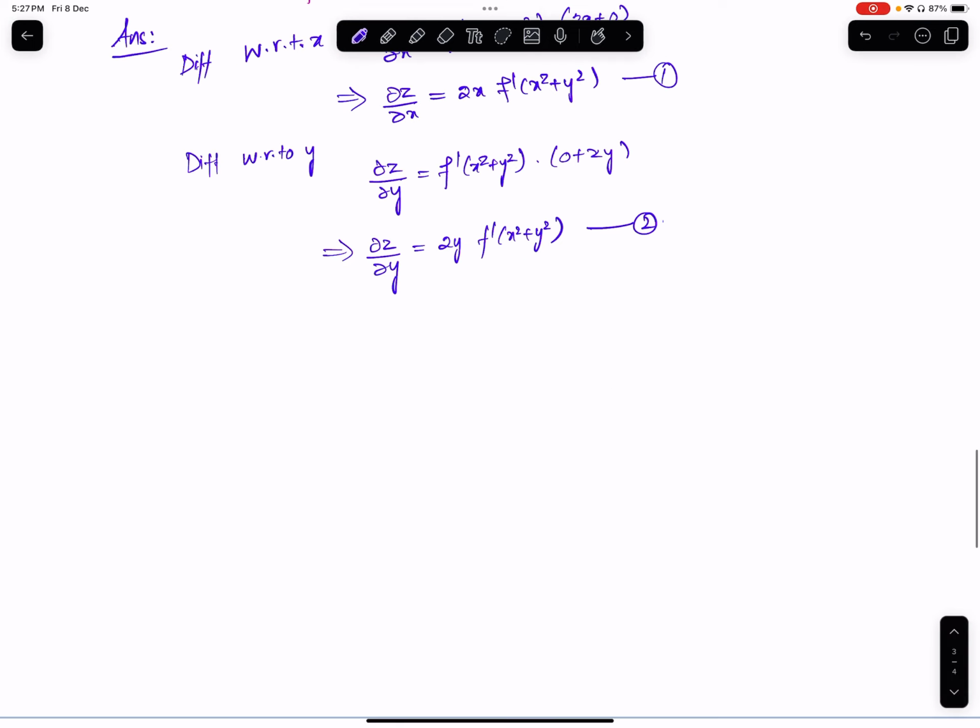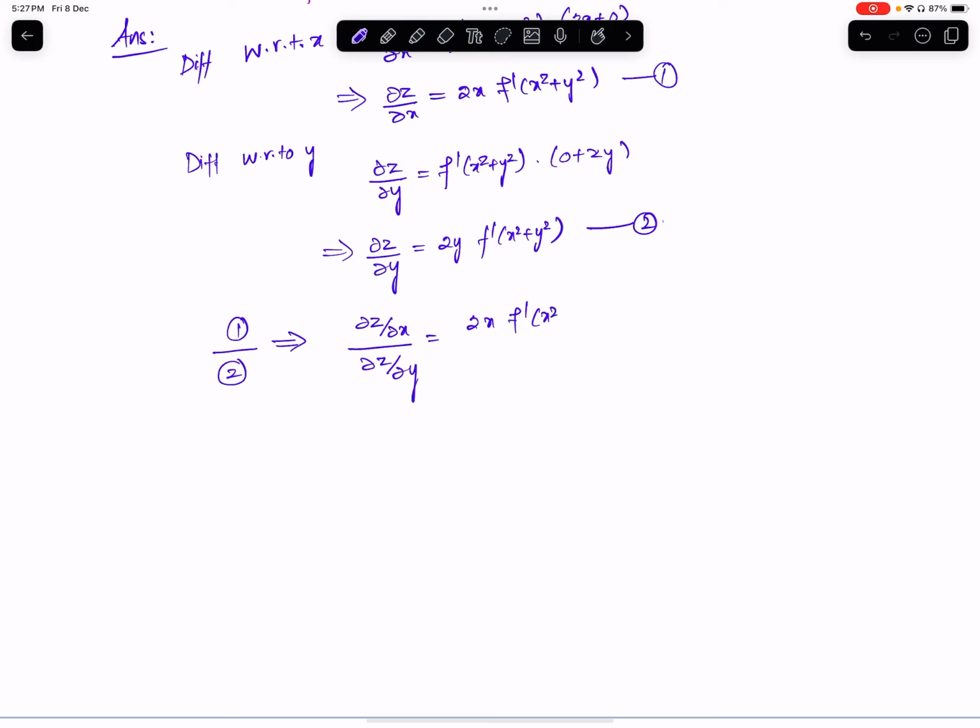See here, 1 divided by 2, which implies you have to divide both sides. (∂z/∂x) / (∂z/∂y) = 2x f'(x² + y²) / 2y f'(x² + y²). Don't forget, the value of this derivative is written here, the value of this derivative is written here.